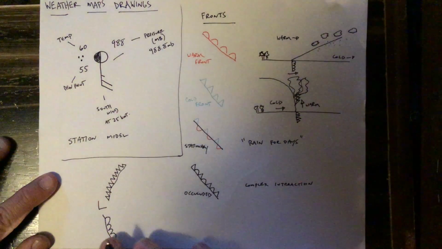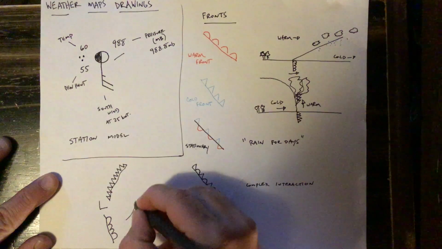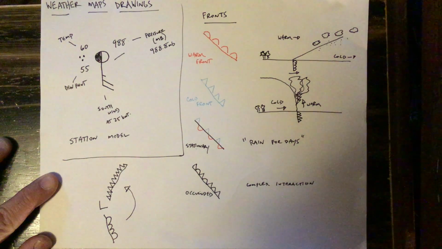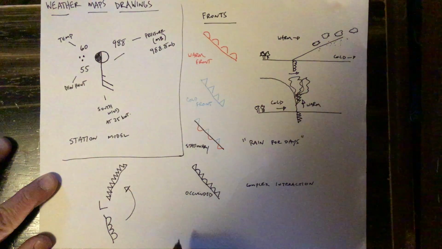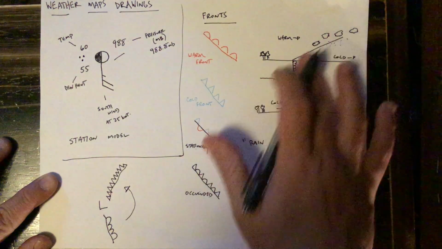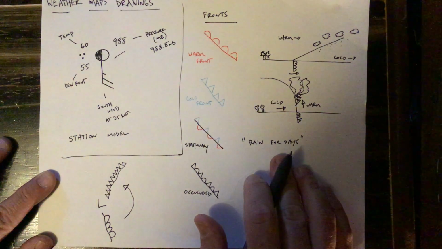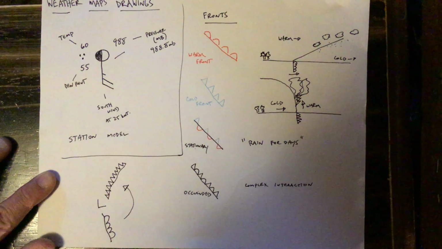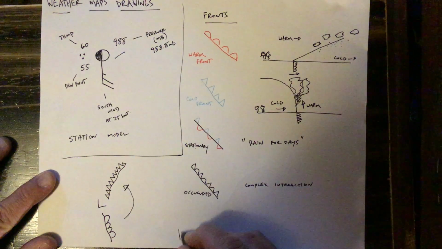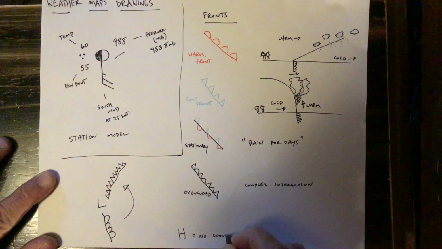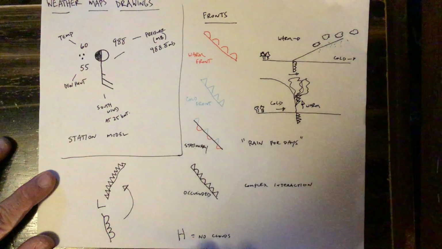And in the northern hemisphere, they run counterclockwise around a low. So low pressure means rain and weather, lousy weather. I think the L stands for lousy weather. And high pressure is no clouds. Clear skies.